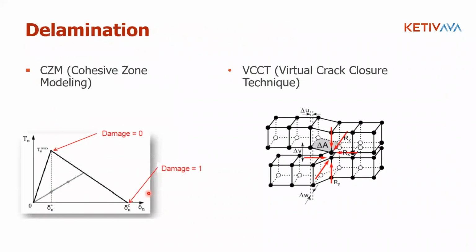So if you want to do a delamination, now this becomes a nonlinear analysis. Okay, and if you are using cohesive zone modeling, for example, Ansys would define cohesive elements there, where the stiffness of that element becomes a function of the relative displacement between them.